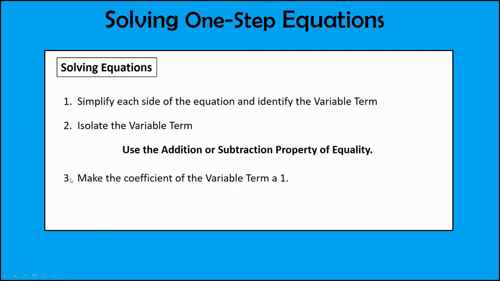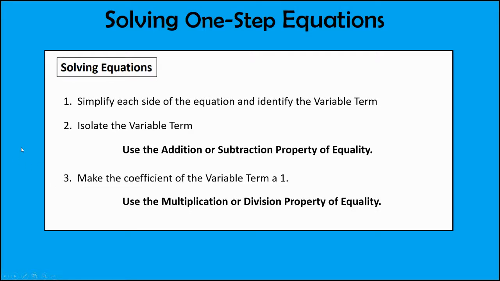The last thing we have to do is to make the coefficient of that variable term a 1. The coefficient is the number that's multiplied, or the number that the variable is being divided by. I have to make it a 1 because I don't want to know what 3x equals. I want to know what x equals. So here we're going to use the multiplication or division property to make that coefficient become a 1.